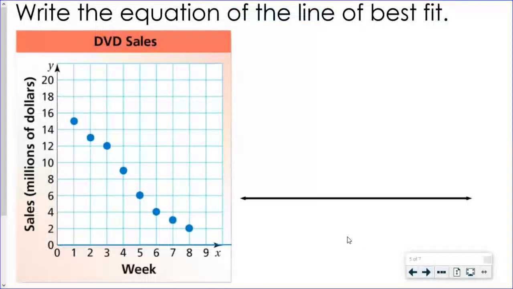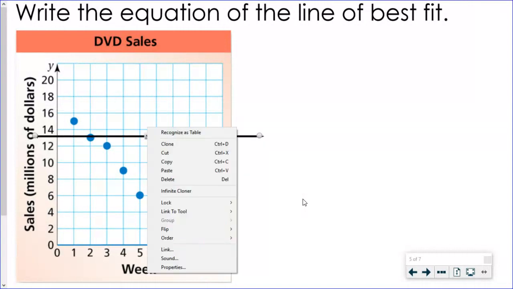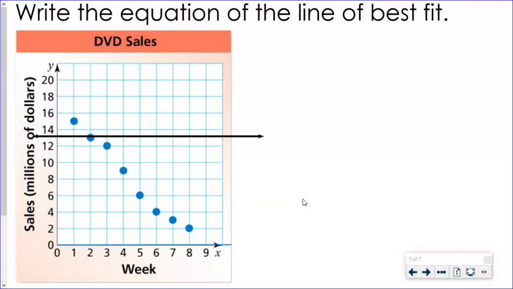Okay, so now we're going to draw the line of best fit for this one. So you're going to click and drag like we have done. Okay, so you're just going to maneuver. The whole idea is I've seen some people go, well, this is good, there's about as many points above or below.